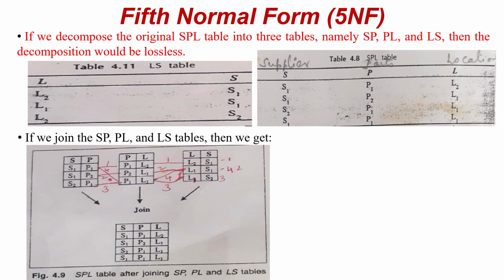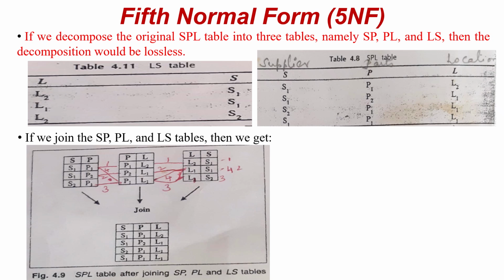So in order to avoid that, instead of splitting the table into two, we have to divide the table into at least three tables, that is SP, PL and LS tables, like below. For the SP table we get S1 P1, S1 P2 and S2 P1. S1 P1 is already there, so we can avoid it.